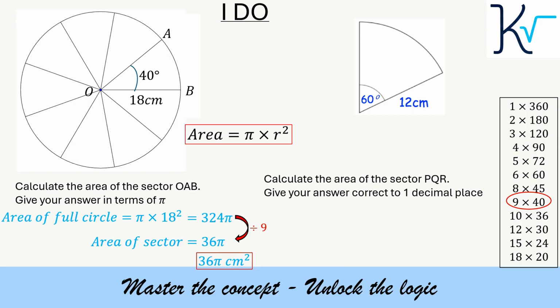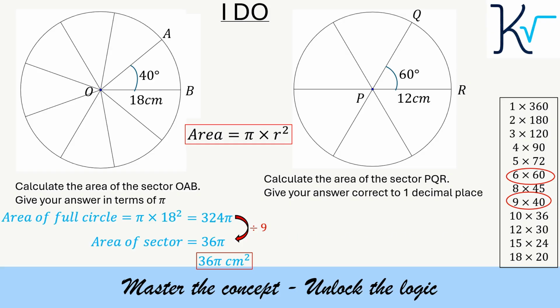On the right side, we have a sector angle 60 degrees, of which we want to find the area, once again, correct to 1 decimal place. A full turn is 360 degrees, and 60 goes exactly 6 times into 360. We will then calculate the area of the full circle. The radius in this case is 12 centimeters, so we write pi times 12 squared, which is equal to 144 pi.